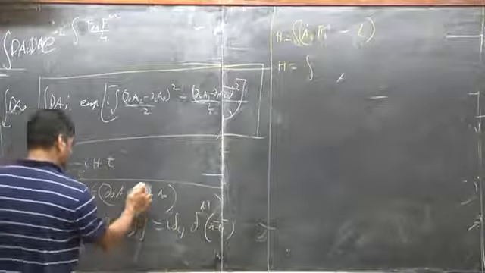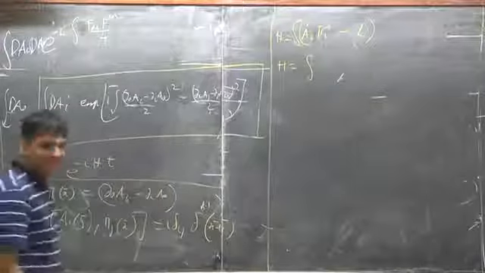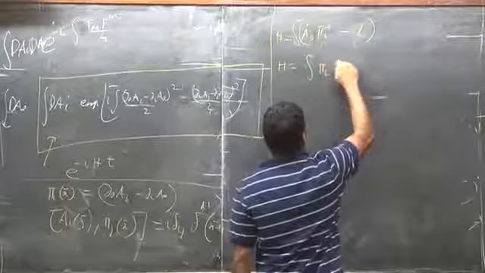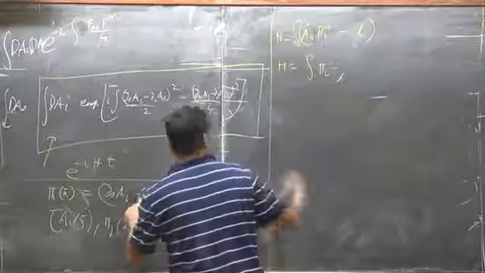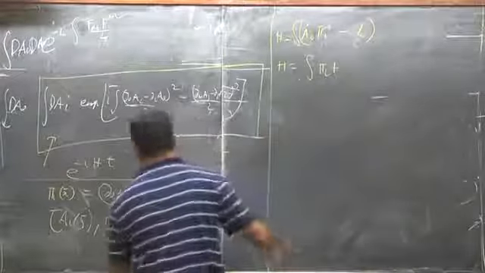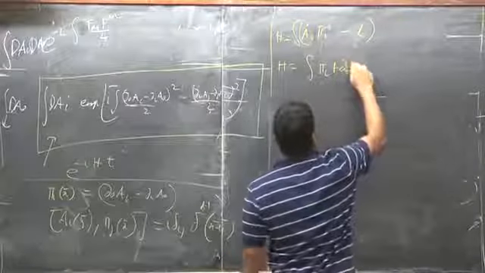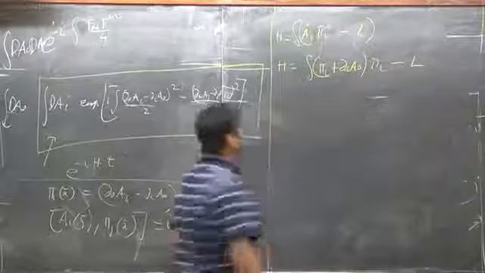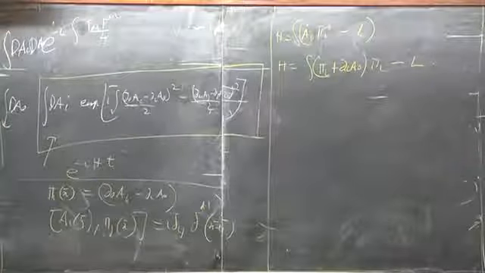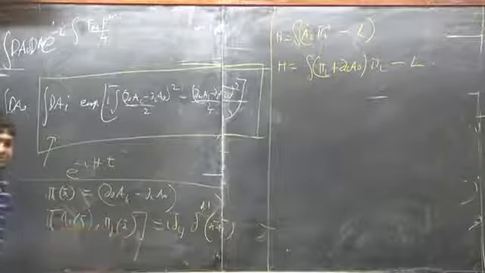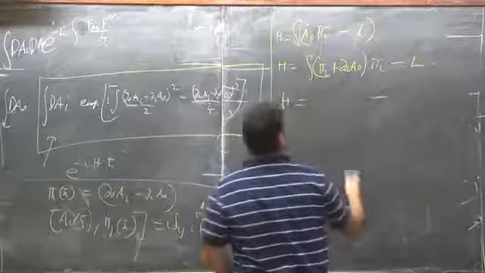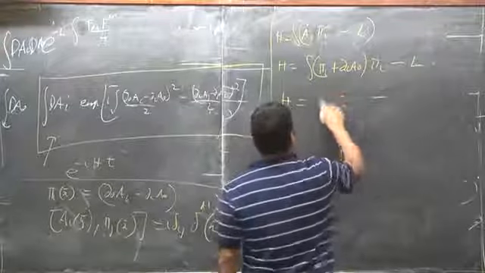H is equal to, let's write A_i dot as pi_i minus, pi_i plus del_i A_0, just from this relation. Okay, so H is equal to the integral.